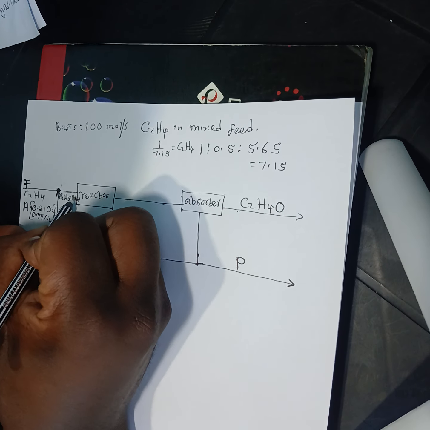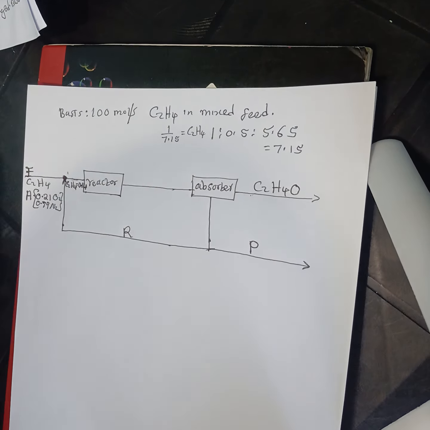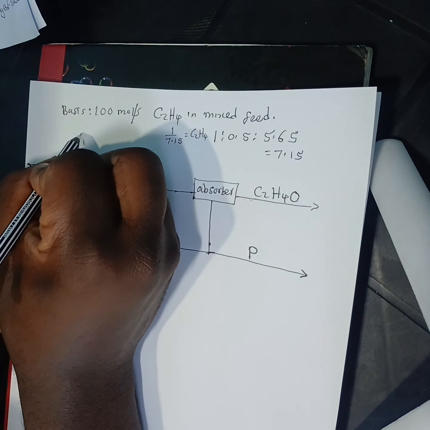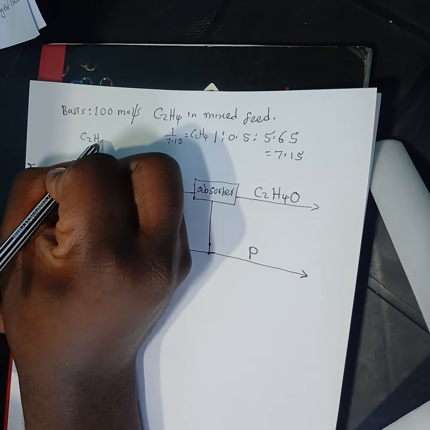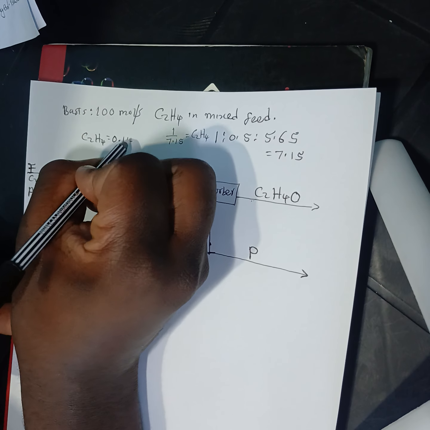Okay, I didn't consider enough space here. That's 0.14 for ethylene. Let me just write it here so that I won't forget. This is ethylene 0.14.